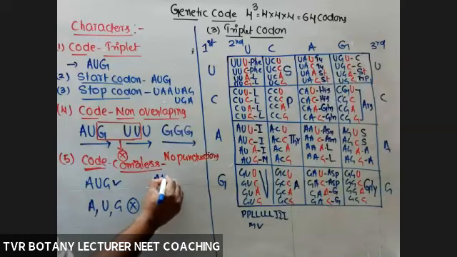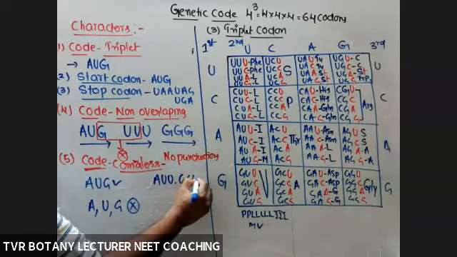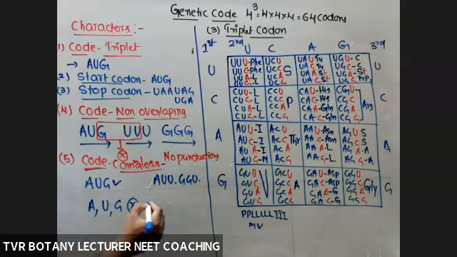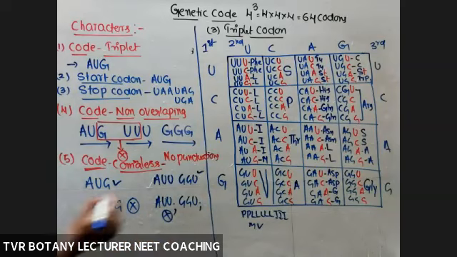Next. A, U, full stop. G, full stop. Wrong one. Or remove this one. This is the correct one. Make the wrong one here. A, U, full stop. G, full stop or comma. So this is a wrong way of representation of code.